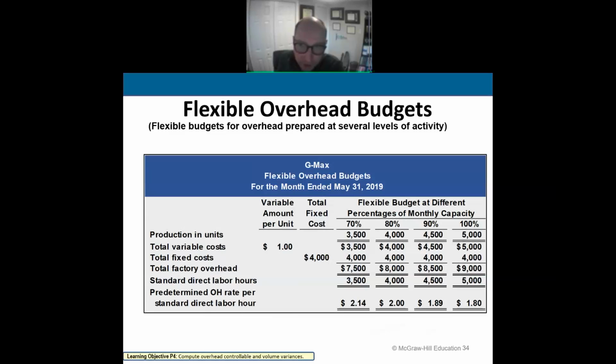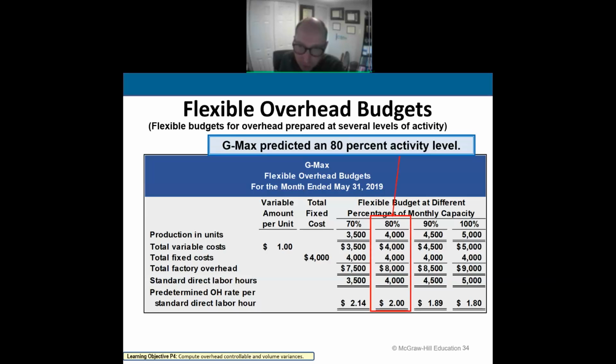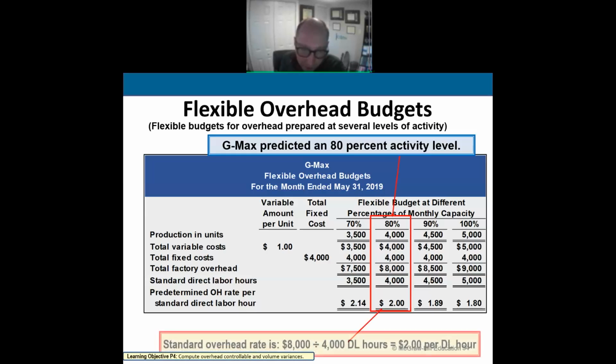So from a budgeting perspective, we take, as a percentage, 70%, 80%, 90% capacity. Total variable costs, total fixed costs, based off of those percentages, to get our predetermined factory overhead rate per hour. 80% is the middle of the range, as they say, so it's an ideal place to be.